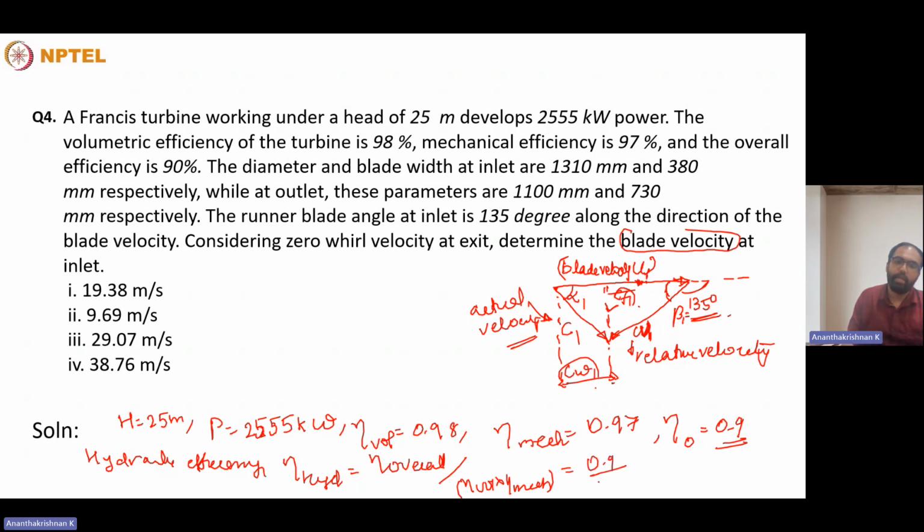So that will be 0.9 divided by 0.97 into 0.98, that is coming around 0.946.